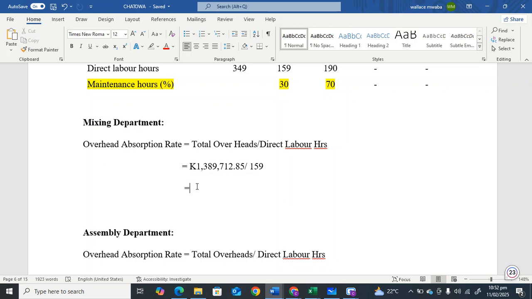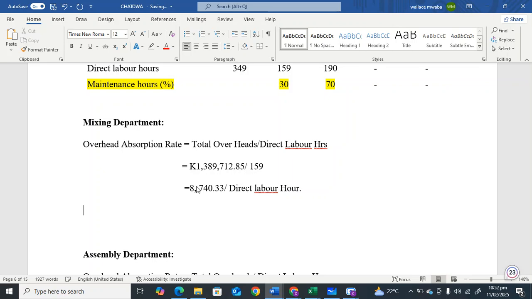I'm getting 8,740.33 per direct labor hour. So if for each unit it takes 2 hours, you multiply that 2 hours times this amount.